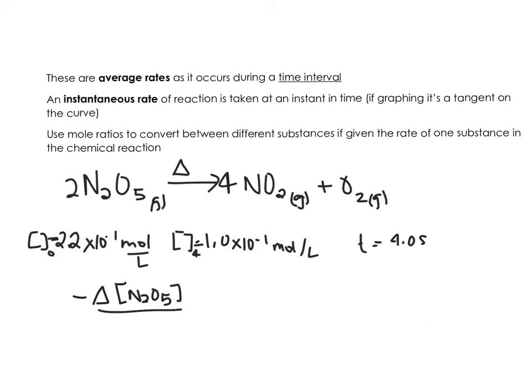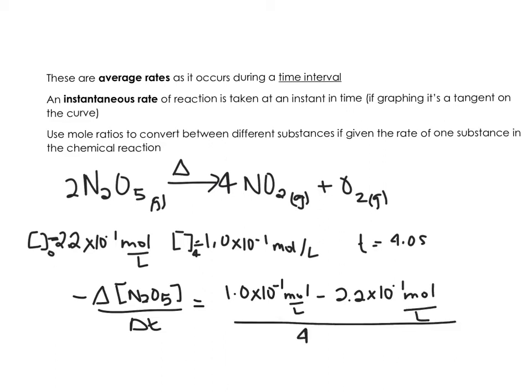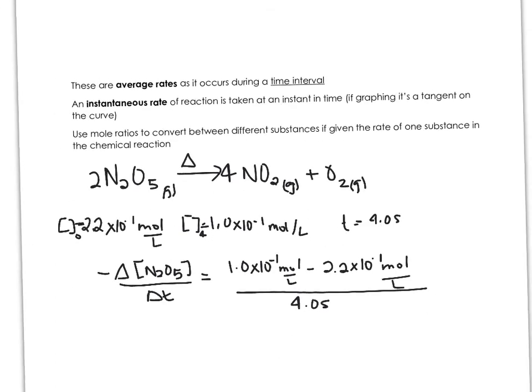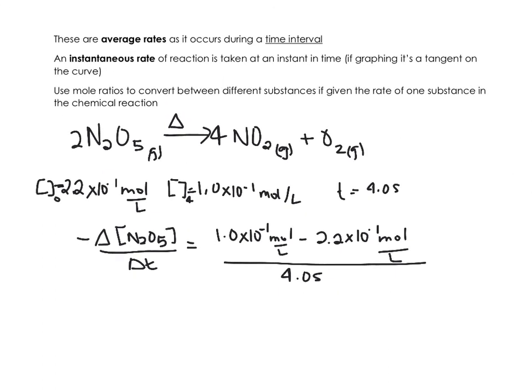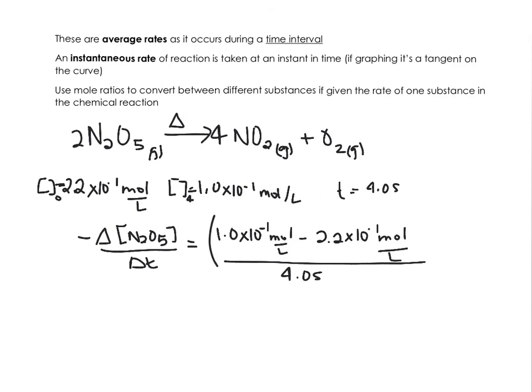The changing concentration of N2O5 with time is going to be the second concentration minus the first concentration over the time lapse. And this is the negative change.